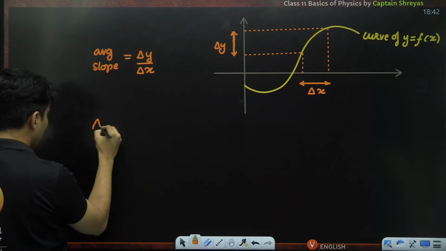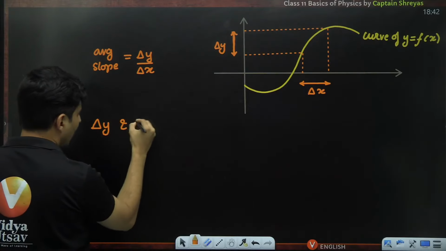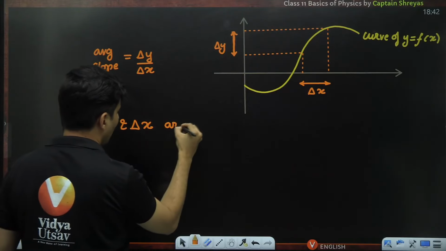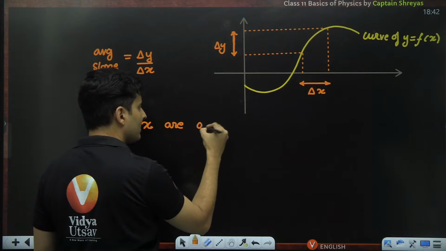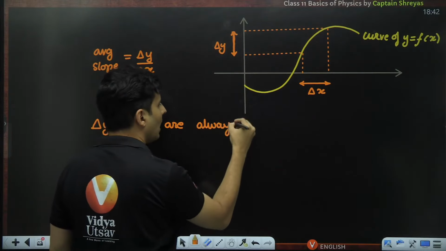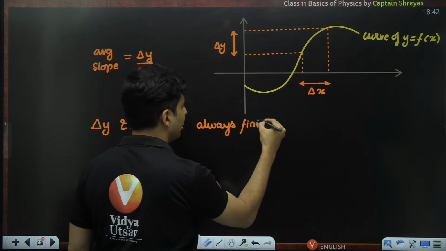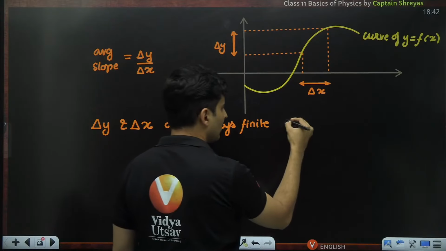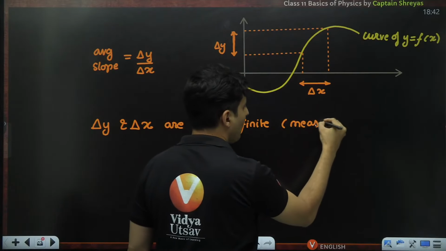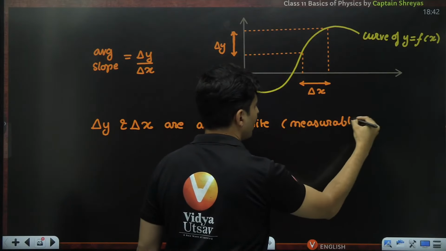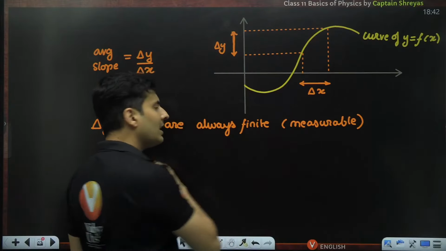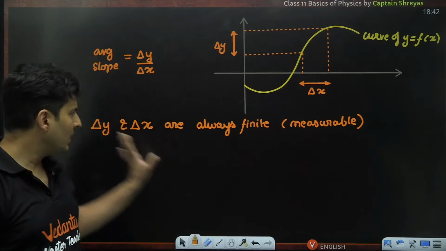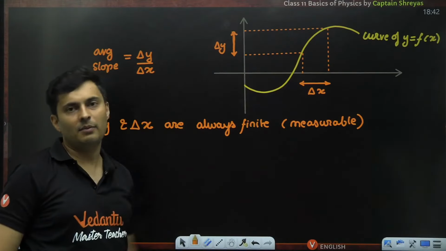Now please remember here, delta y and delta x are always finite numbers. Basically, they will be measurable. Even if they are zero, that's okay, but they are always finite values.